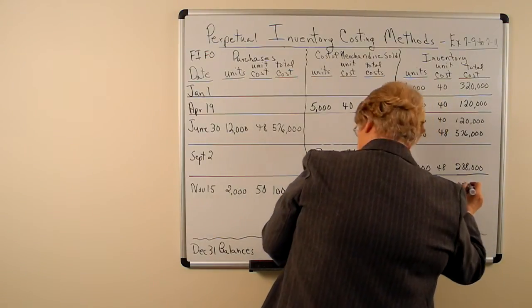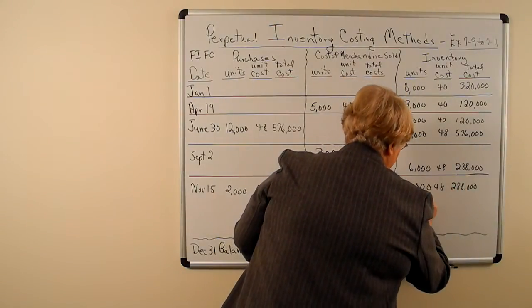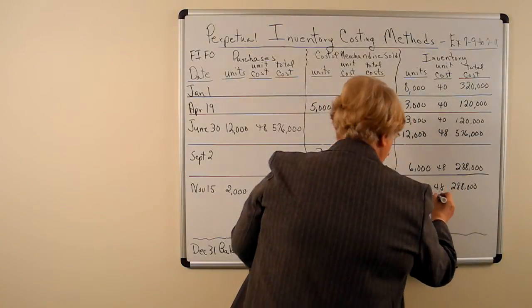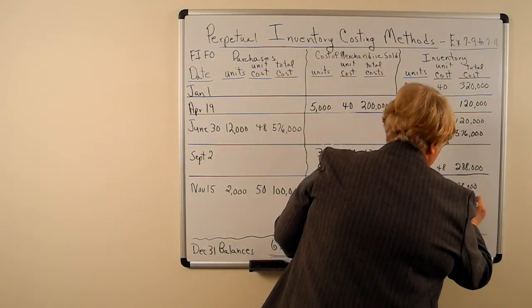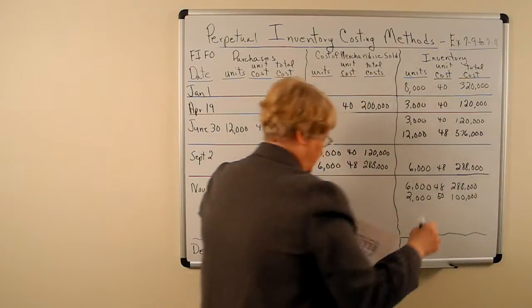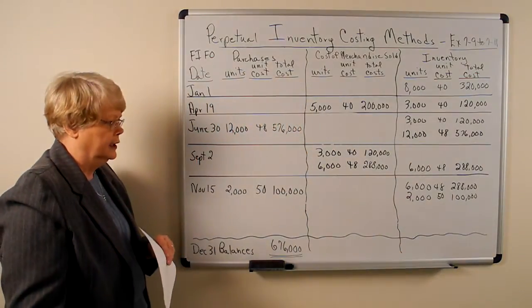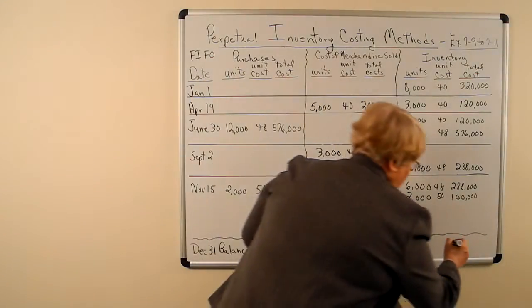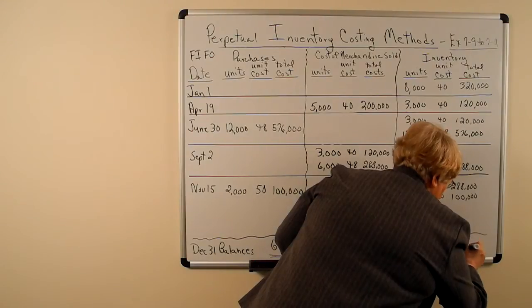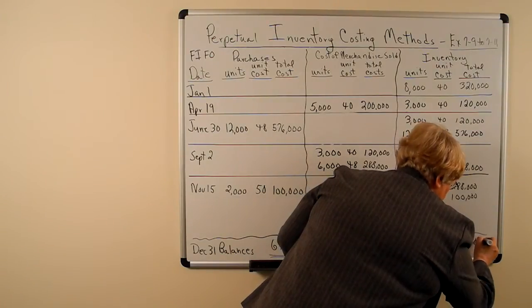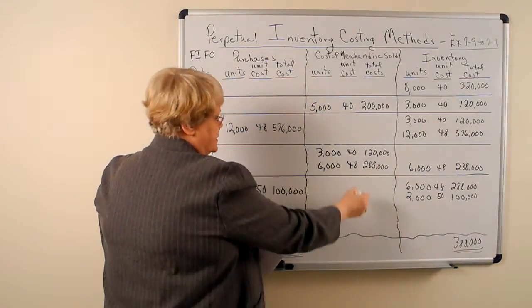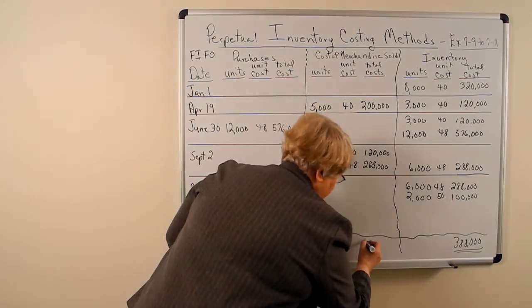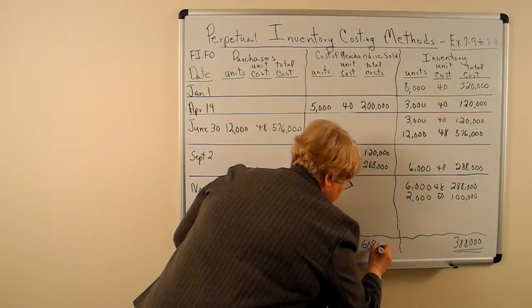And then we're going to add in the 2,000 layer at 50 or 100,000. So these two layers are actually what we have left in ending inventory, or a total of $388,000. Cost of merchandise sold, you can simply add this up now, and you get $608,000.